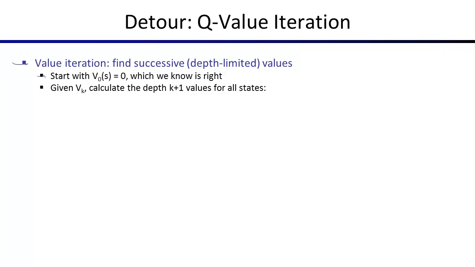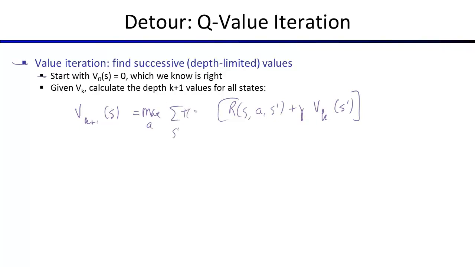Value iteration was something where we started with V0 of S equal to 0 for all states S, and then Vk plus 1 for state S, and we had to do this for all states S, was computed as the reward you get from state S, taking action A, landing in state S prime, plus a discount factor times the expected discounted sum of rewards acting from state S prime onwards, which is encoded in Vk of S prime. And then, of course, you don't know what state S prime you're going to get, and you don't know what action you should take ahead of time. You should maximize over the actions, and you average over next states.